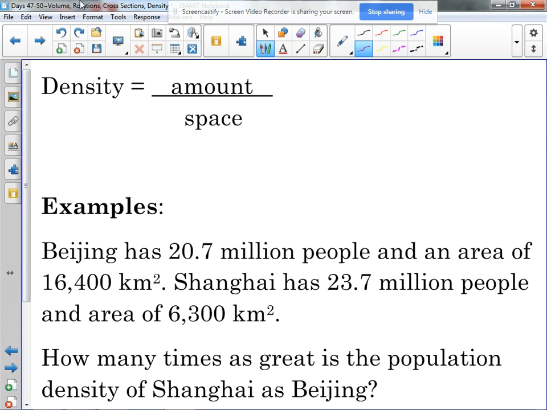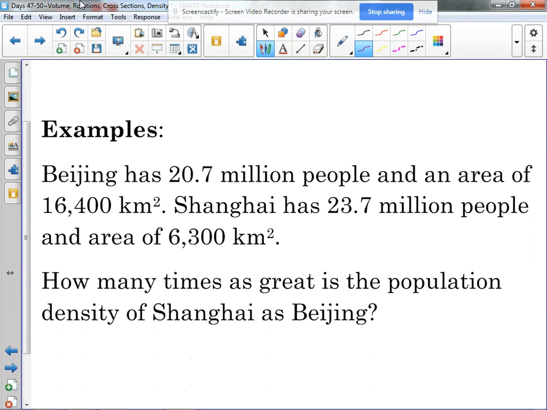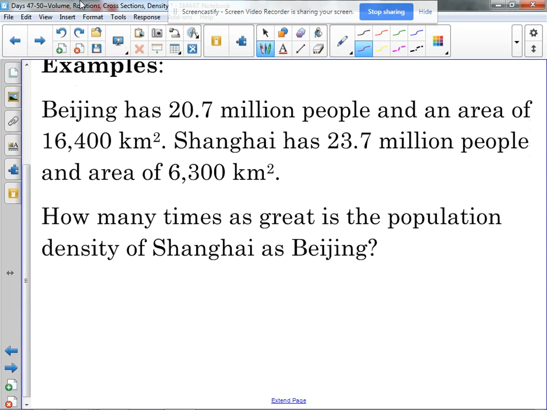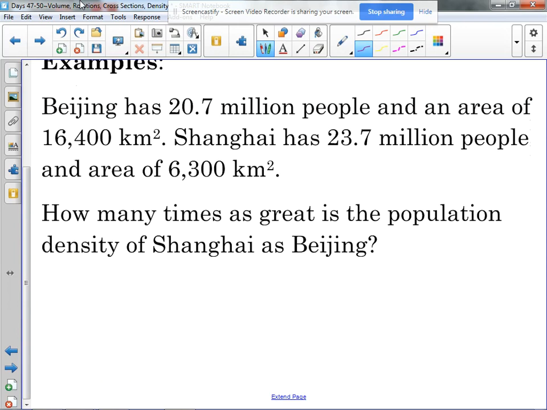So let's look at this example. Beijing has 20.7 million people and an area of 16,400 square kilometers. Shanghai has 23.7 million people and an area of 6,300 square kilometers. How many times as great is the population density of Shanghai as Beijing? So let's find the densities first of all. I'm going to use a B for the density of Beijing. So it's amount 20.7 million.